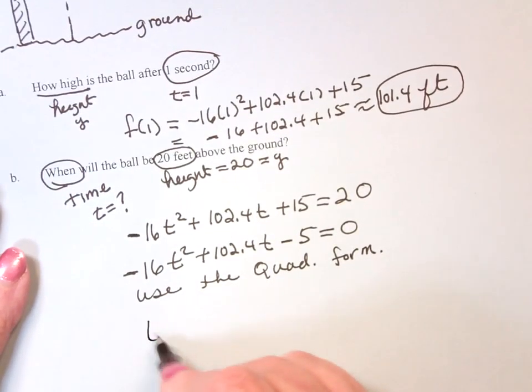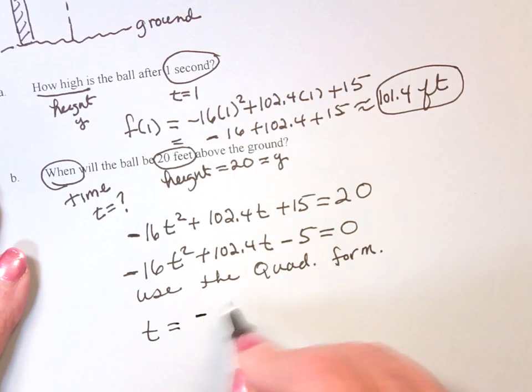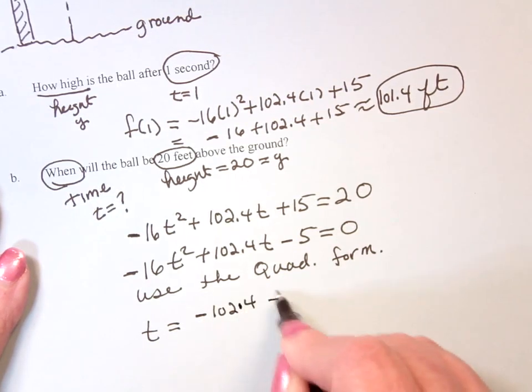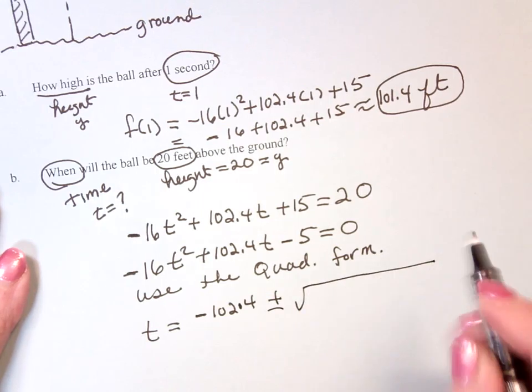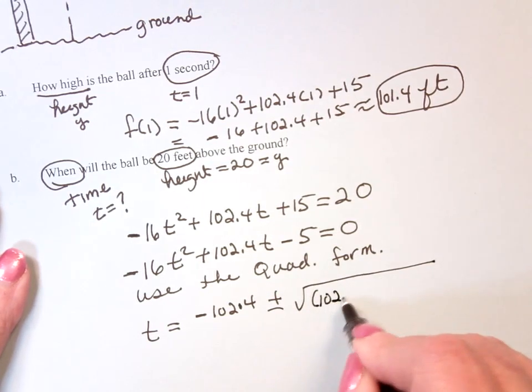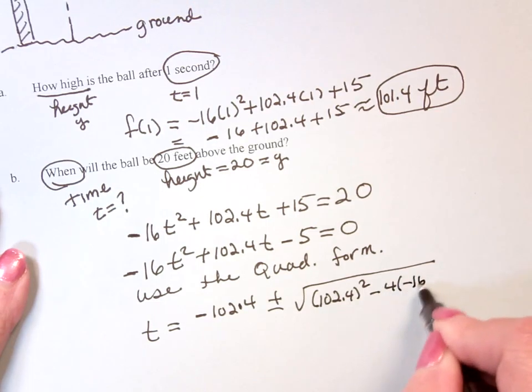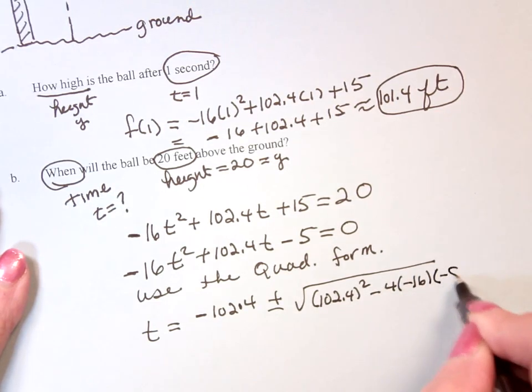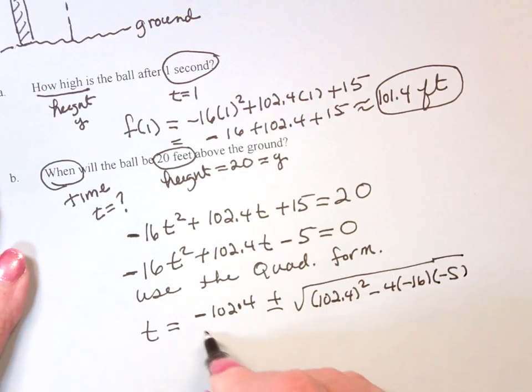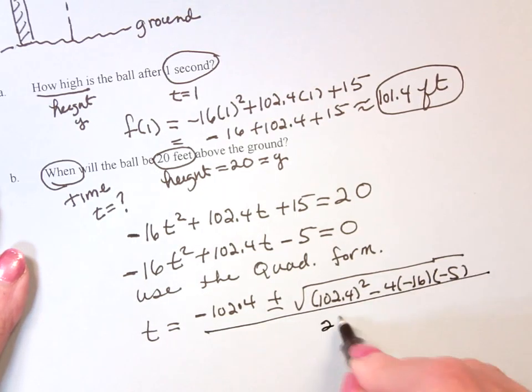So t equals minus b plus or minus the square root of b squared minus 4 times a times c, all over 2 times a.